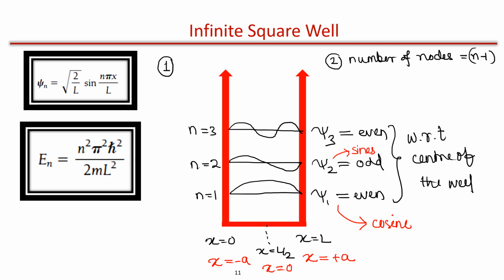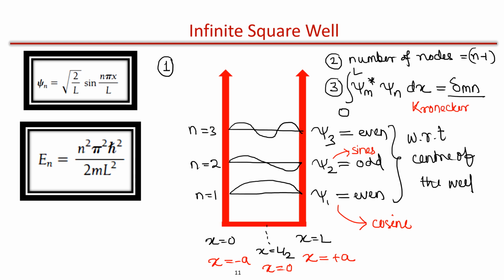The next important property is that the integral of psi m star psi n dx from 0 to L is equal to delta mn, where delta mn is known as the Kronecker delta function.